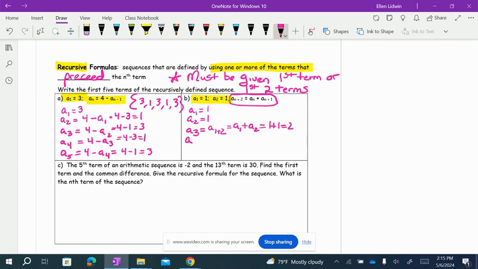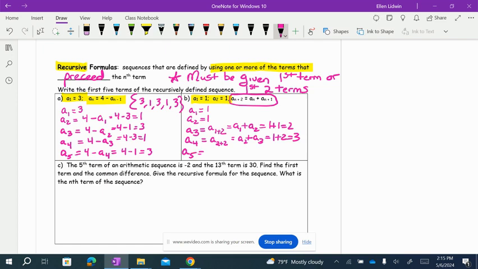Look at the subscripts to help you. A sub 4 is a sub 2 plus 2. That's going to be equal to a sub 2 plus a sub 3, which is now going to be 1 plus 2, or 3.